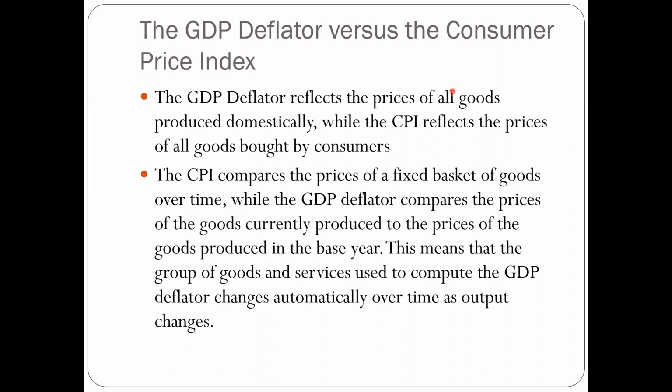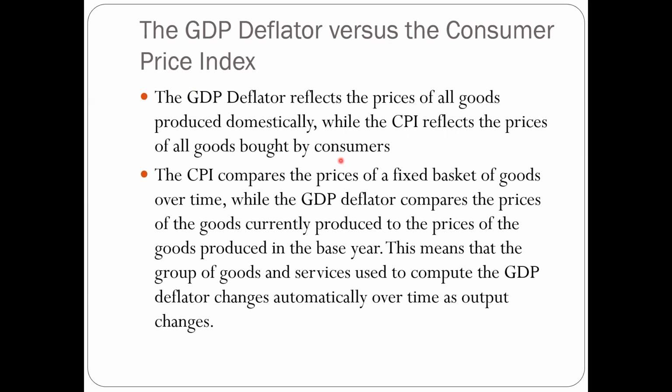So all these goods and services are produced locally. The GDP deflator can reflect the prices of goods and services produced domestically, while the CPI reflects the prices of all goods bought by consumers.